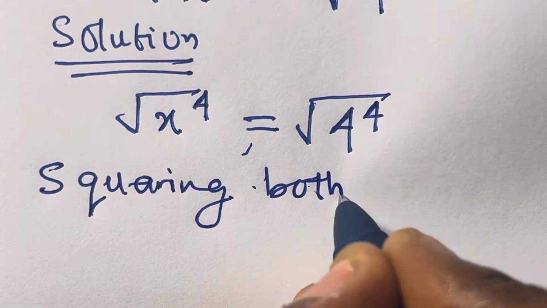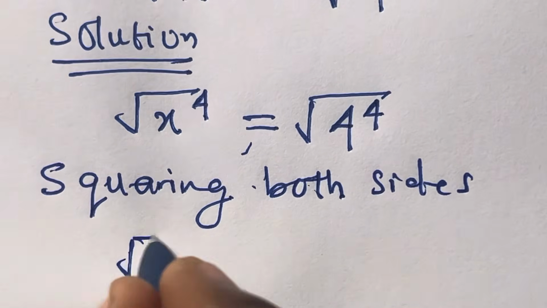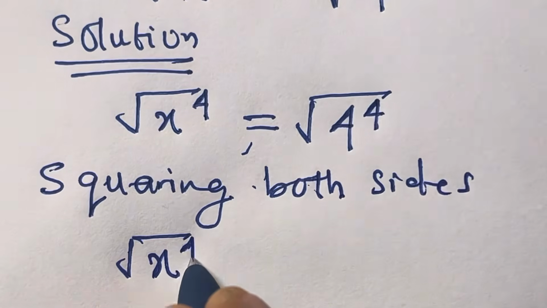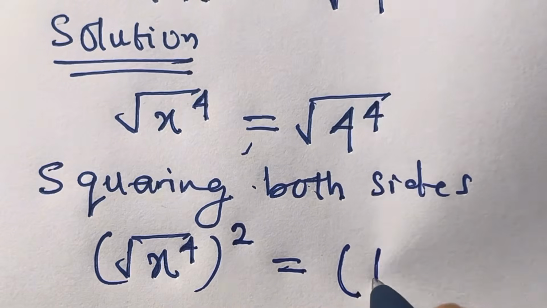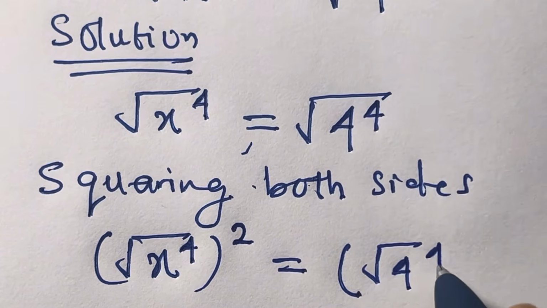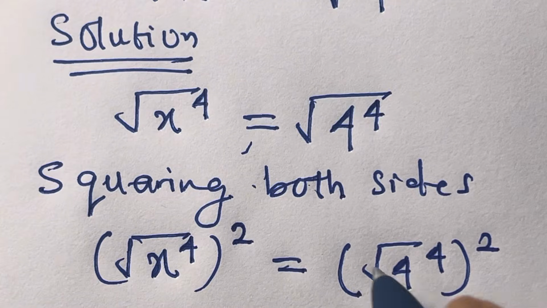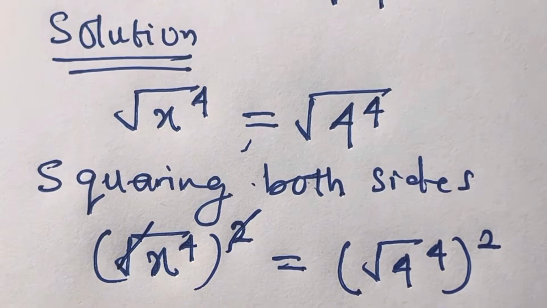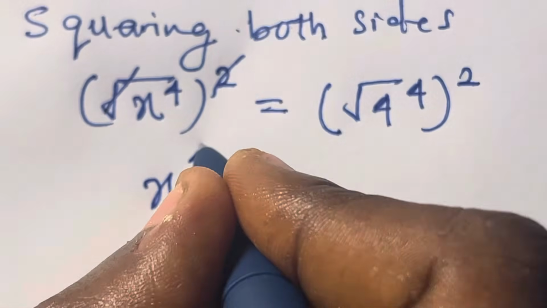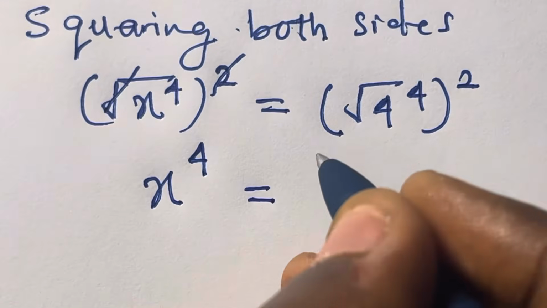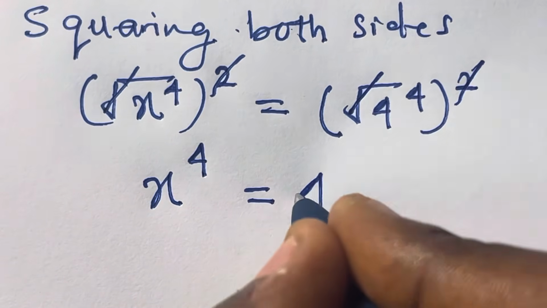Squaring both sides, you have the square root of x raised to power 4, raised to power 2, equals the square root of 4 raised to power 4, raised to power 2. This cancels out, and we have x raised to power 4 equals 4 raised to power 4.